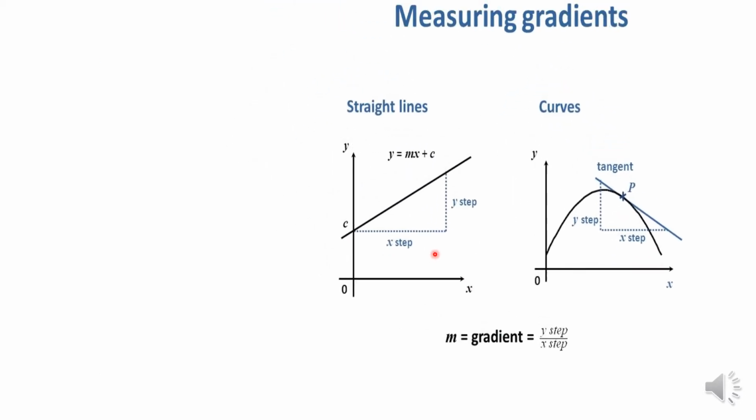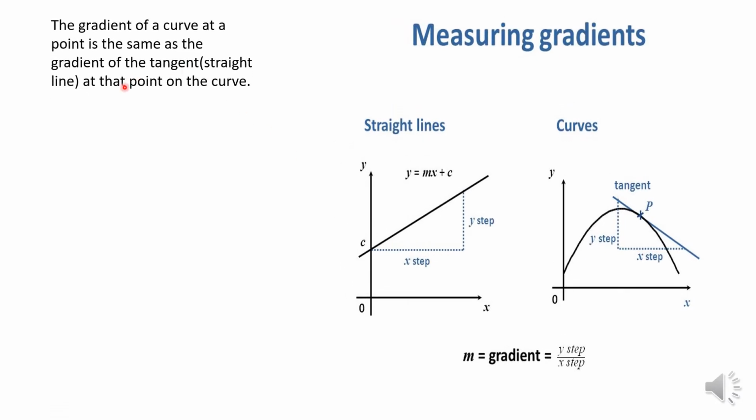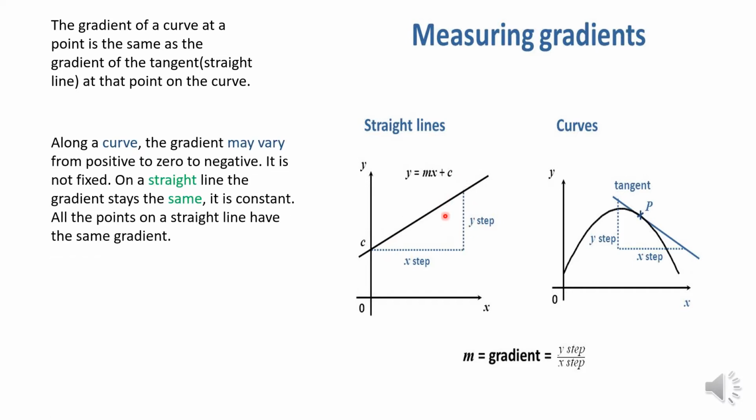So the three things to remember: the gradient of a curve is the same as the tangent, the straight line. Now, the difference is that for a straight line, its gradient is constant, it doesn't change. Whatever values you choose, suppose you choose a point somewhere there and a point somewhere here, the gradient will always be the same, delta y over delta x, that is, the change in y over the change in x.